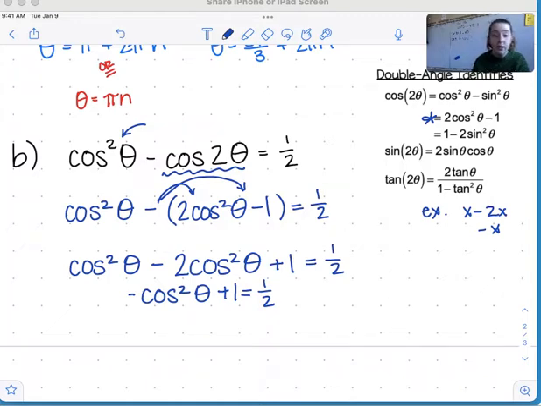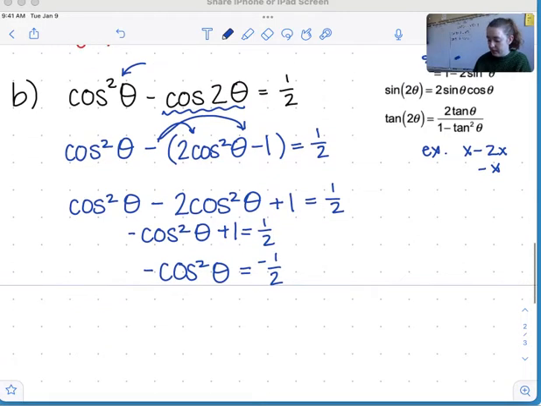So we'll start trying to get cosine by himself. We'll subtract 1 on both sides. So we have negative cosine squared equals 1/2 minus 1, which is negative 1/2. Then we'll divide by negative 1 on both sides. So cosine squared equals 1/2.